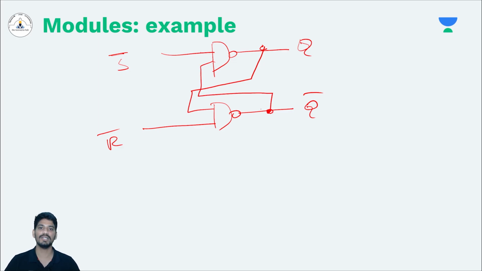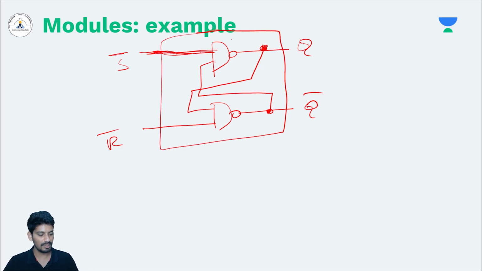Right? This is a latch circuit. Remember what the purpose of a latch is? It will store 1-bit of data. Right? So I want to write a module for this SR latch using data flow statements, by using two NAND gates. I require two NAND gates, right?